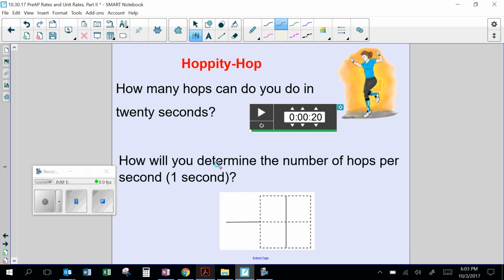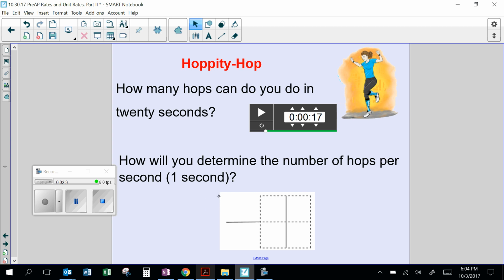So in this one, students will be doing the hoppity hop. How many hops can you do in 20 seconds? So on your mark, get set, go. You were able to do 15 hops? Okay. So the question is, how would you determine the number of hops per second?